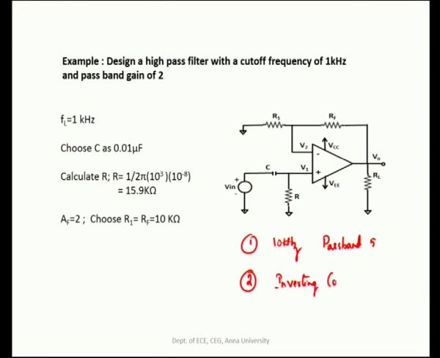Now, use the same op amp in inverting configuration and obtain a passband gain of minus 5, and cutoff frequency here again use as 10 kilohertz. So, try to design for the two specifications given.